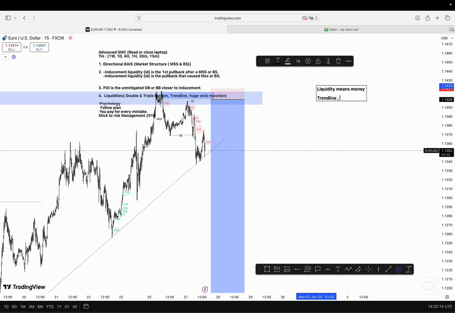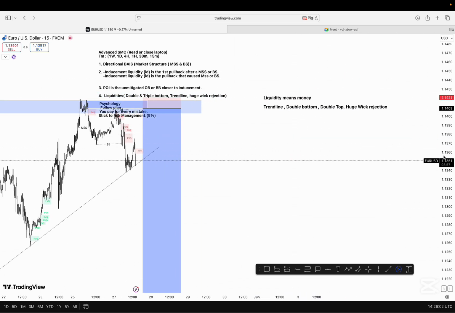We have double bottom and double top. And then we have huge wick rejection.